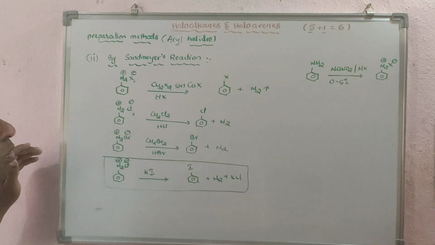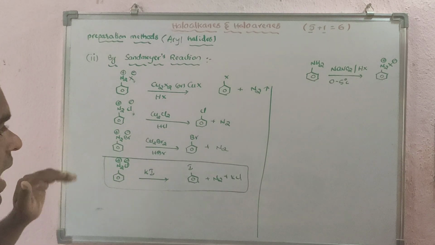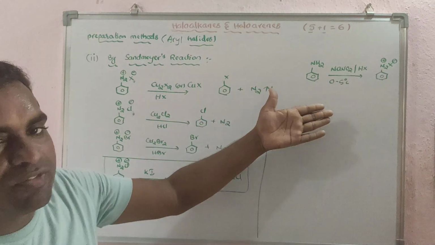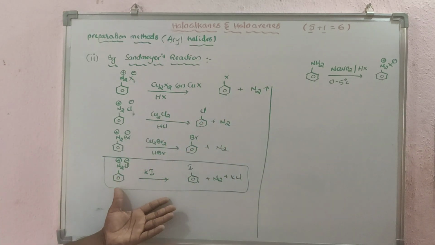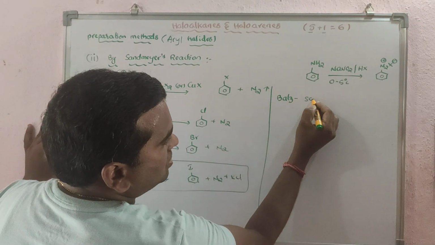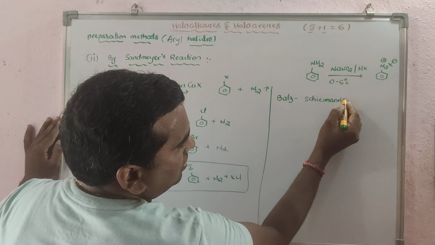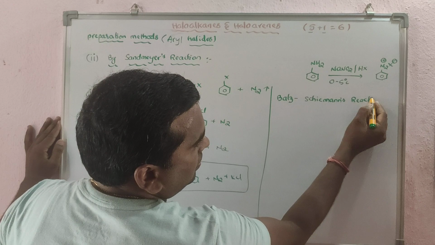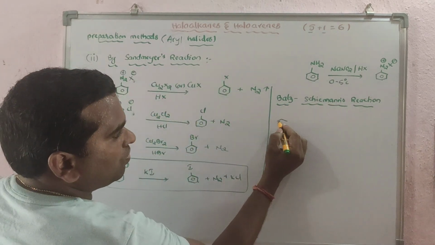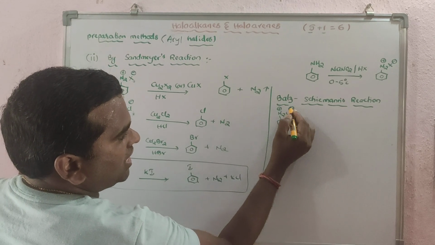Okay? If you want to prepare fluorobenzene, we cannot prepare it by using this method. Another method that is there, we will call the Balz-Schiemann reaction. How to prepare this one? Same, we take benzene diazonium chloride.